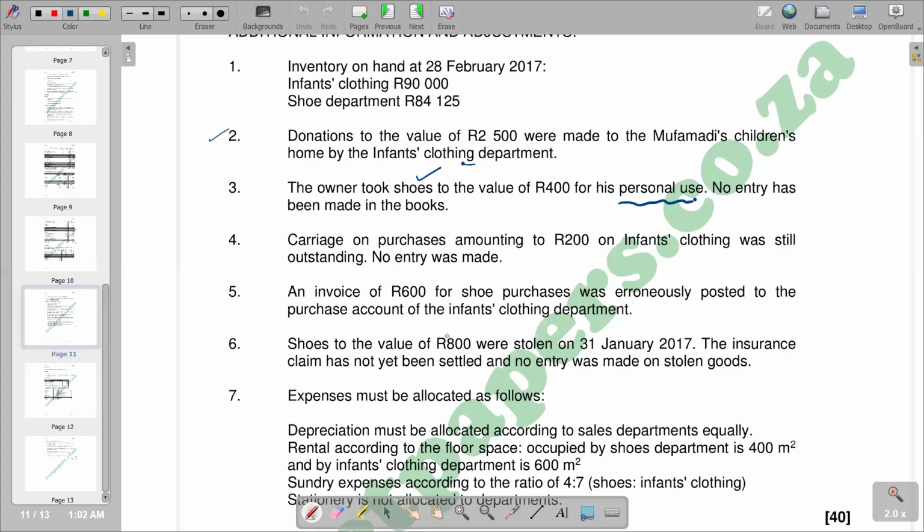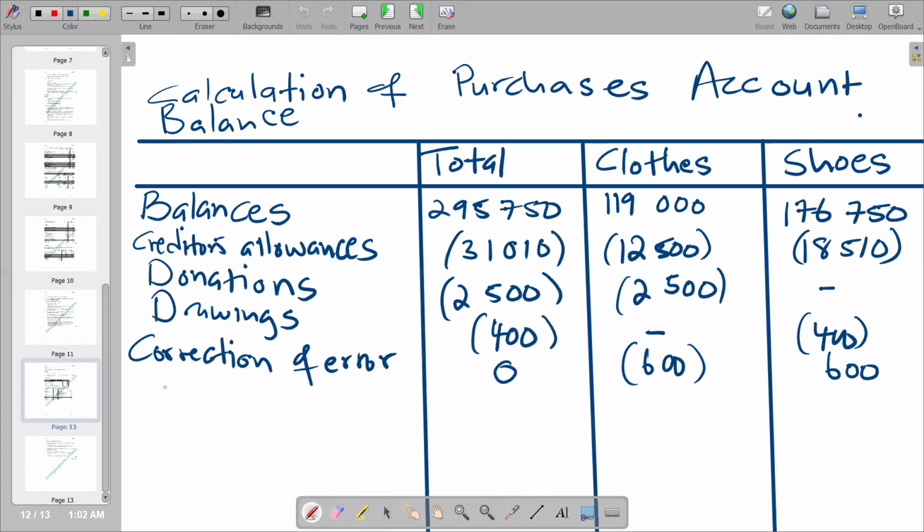And obviously, the narration is that they are stolen goods. So here we're going to say stolen, whereby it's a reduction in the shoes column of 800. So that is what we have.